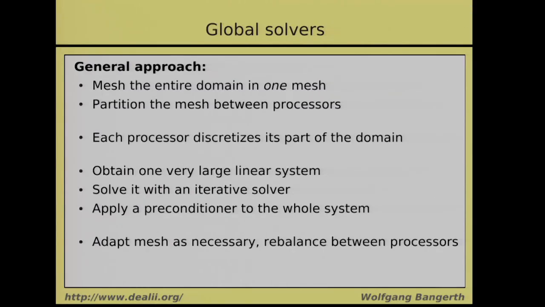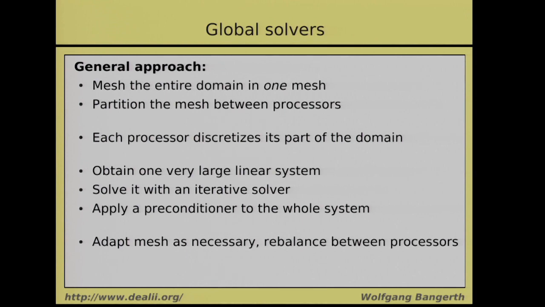This is what we call global solvers. Global solvers essentially means you cover the entire domain in one mesh. And this mesh might have a lot of cells, right? I mean, we've done computations where meshes have, let's say, billions of cells.